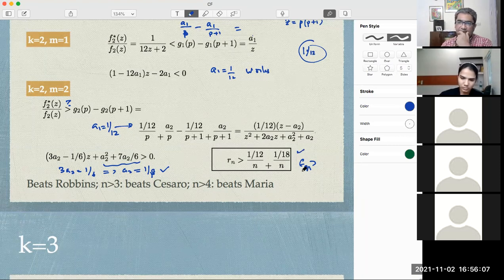This is nice. Already it beats Robbins. For n bigger than 3, it beats Cesaro. And for n bigger than 4, it beats Maria. So already all three guys I listed, we are beating them with k equal to 2, m equal to 2, with just this inequality.